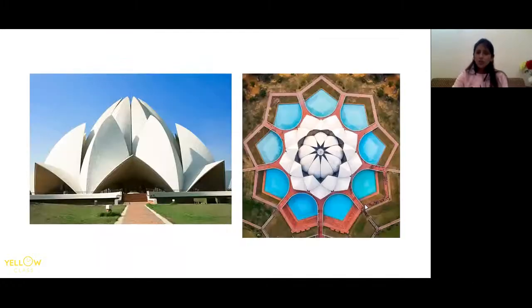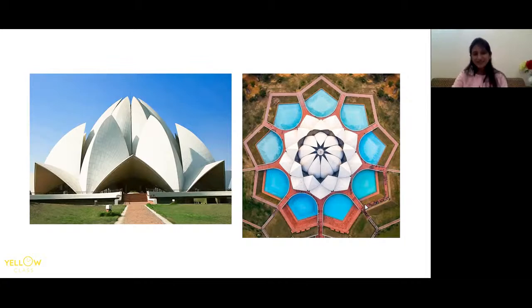So let's see. What is this? Do you know? I will give you a hint. This is a monument which is situated in Delhi. You can easily tell me the name of this. If you know the shape in which it is built, you can quickly tell me its name also. It is in the shape of a lotus and it is the Lotus Temple.